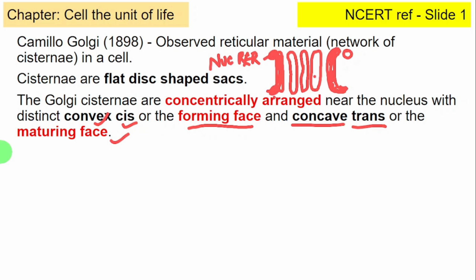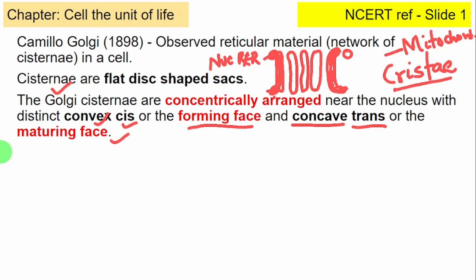So the flat disc shaped sacs are called cisternae. Don't get confused with another term which is called cristae. Cristae is the term for the inner membrane of mitochondria. Christ is God, and cristae, God gives you power, and cristae, the inner membrane, is the source of power.